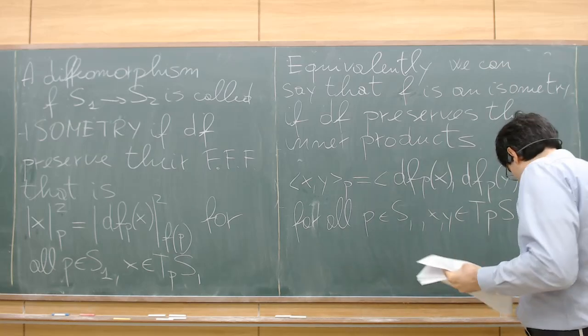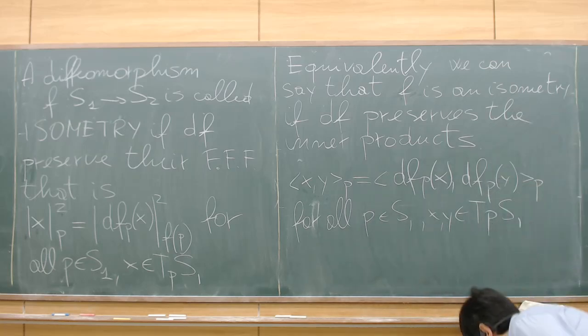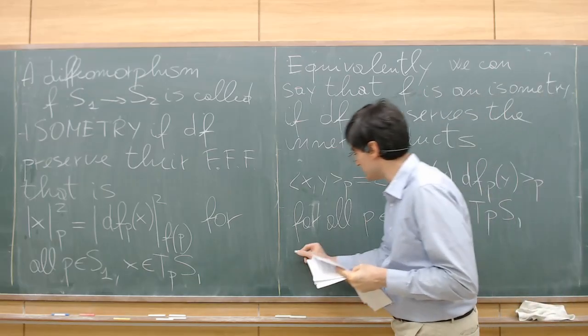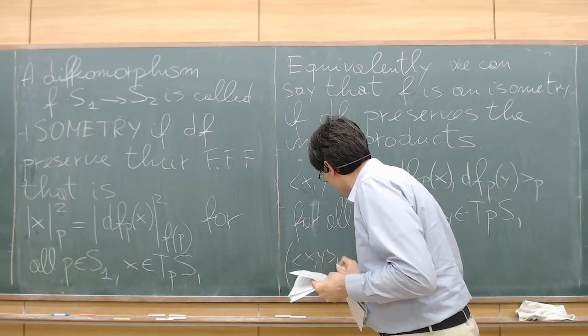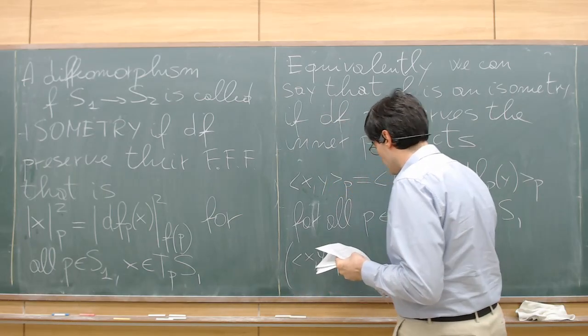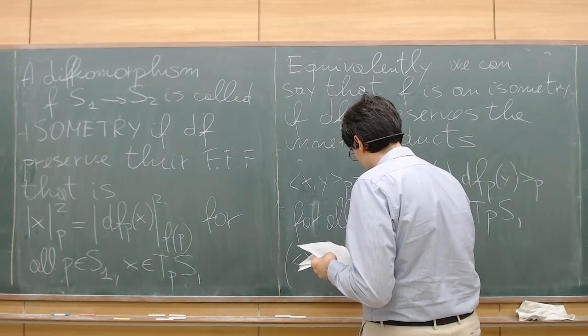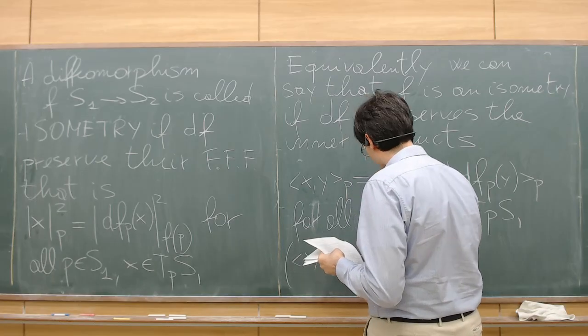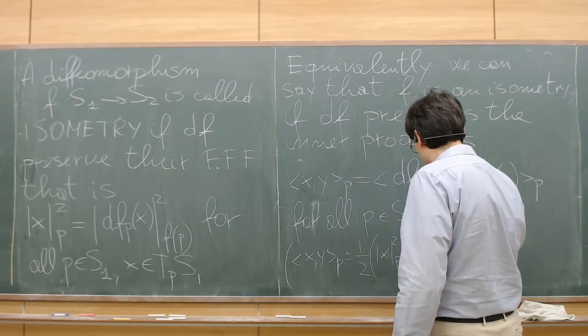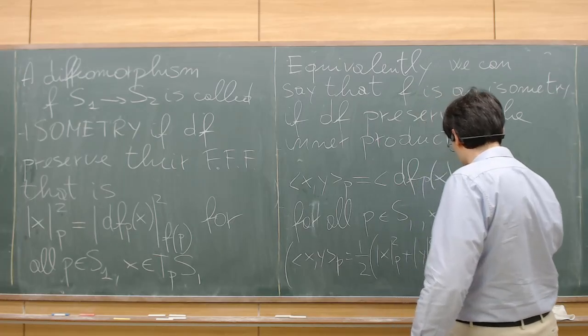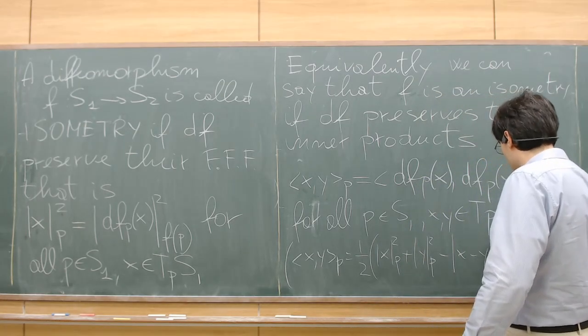That is, sorry, I lost a sheet of paper. Using it, <x, y>_p equals 1/2 times (|x|_p squared plus |y|_p squared minus |x minus y|_p squared).